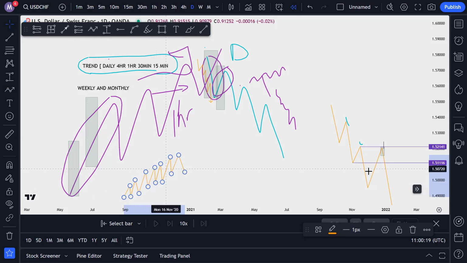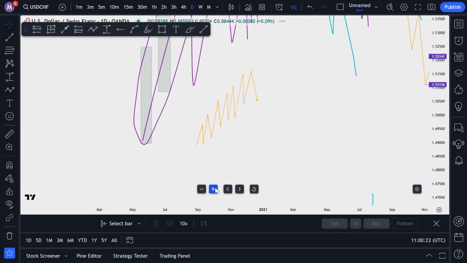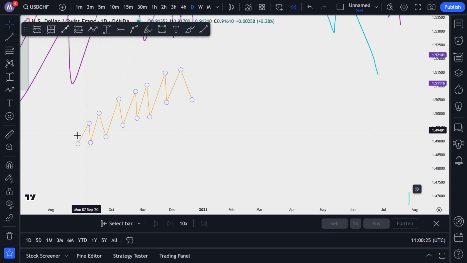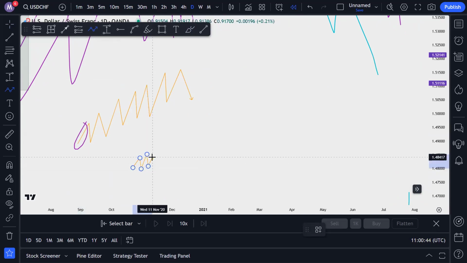Inside that one candle also, we have this. Now inside this one leg here, we also have something like this inside that one.